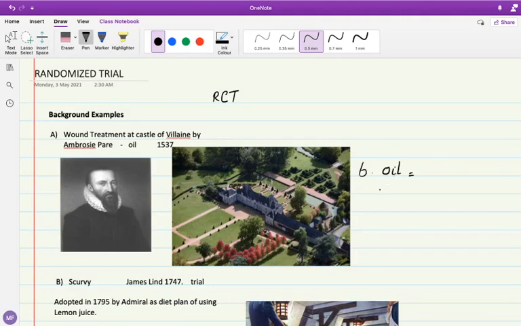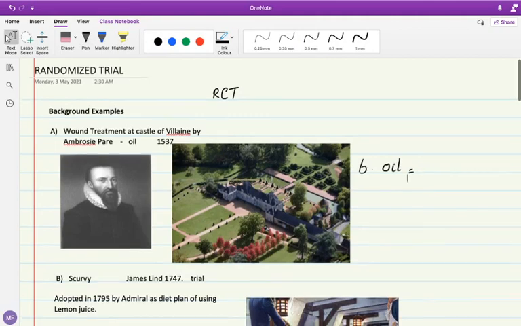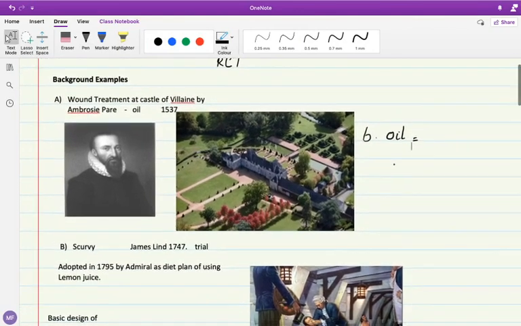To his great surprise, he observed that the individuals who were given rose oil and egg yolk were much better than the soldiers on whom he had used boiling oil. So this is a primitive example of how man evolved certain hidden trials to find the beneficial effect of one treatment over another.